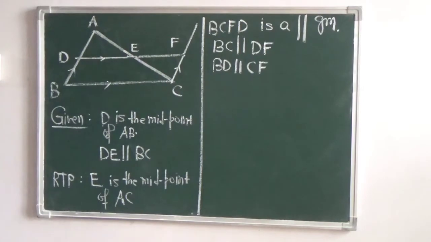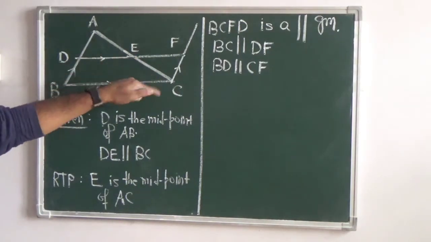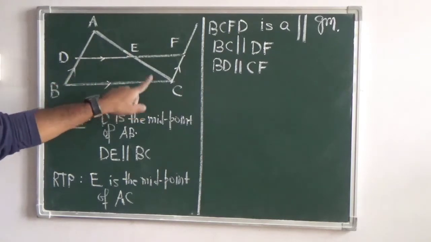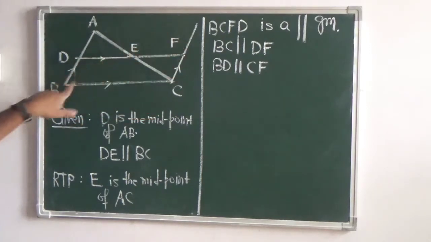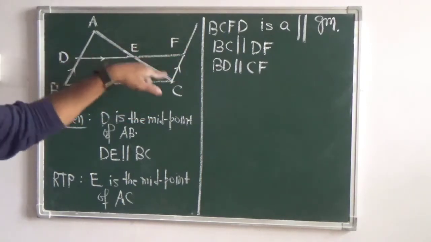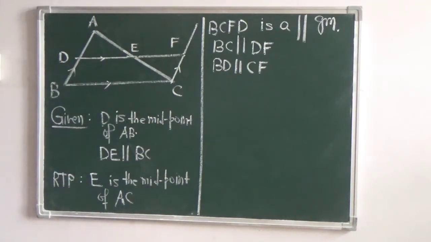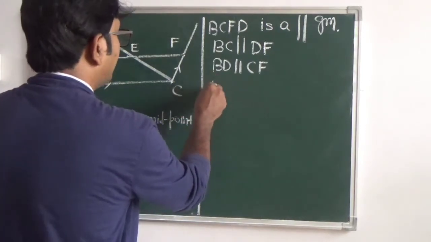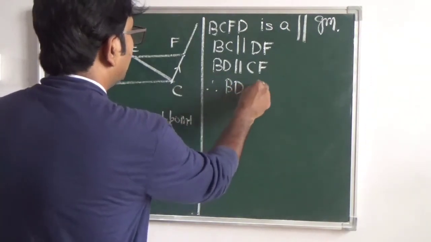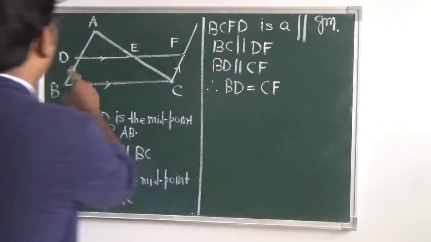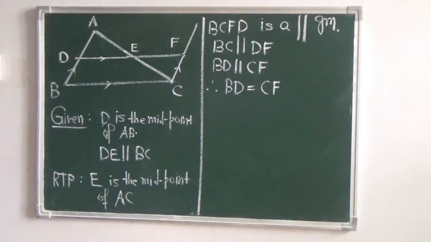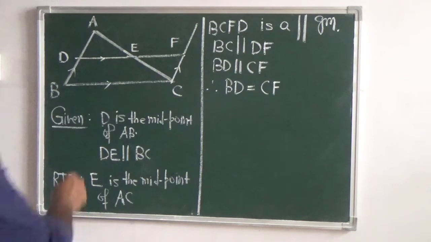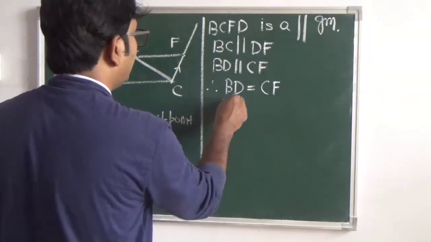Right? So we have BC, according to the theorem, this line is parallel to this, and by construction we have drawn this parallel to this. So opposite sides are parallel, hence you can call BCFD a parallelogram. So we have BD equals CF, and AD equals BD, given.